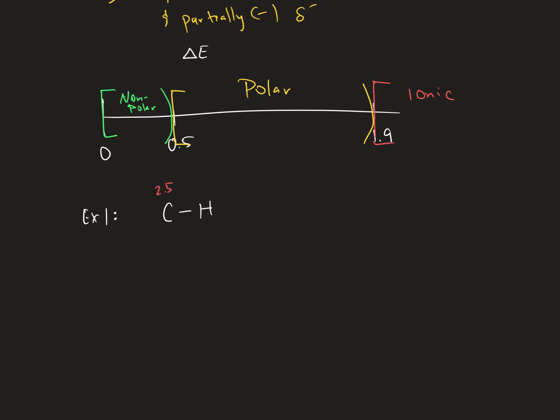Again, you don't have to memorize this. It's on the chart. What about hydrogen? 2.1. So what is the difference in electronegativity here? 0.4. So is it polar or nonpolar? Do we have to worry about the partial positive, partial negatives? No, do not. So we're done. We'll just say this is nonpolar. Done.